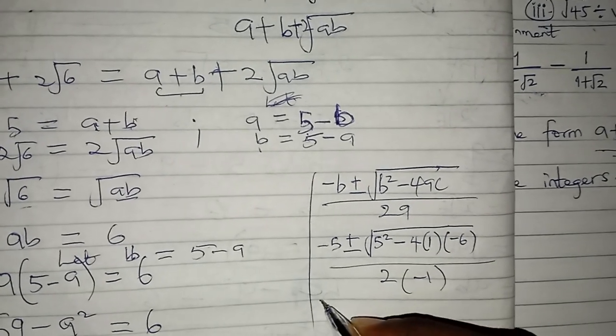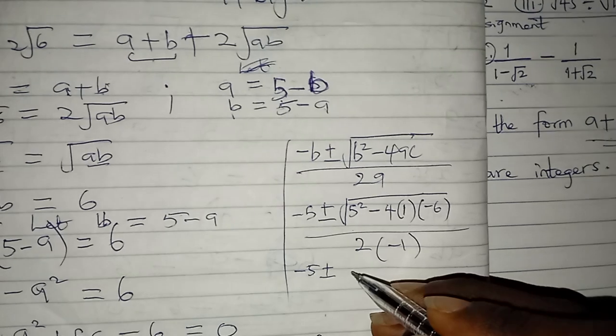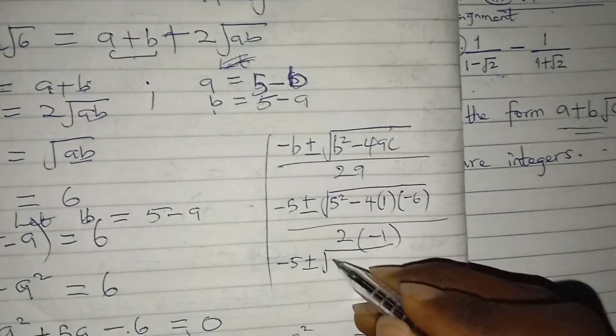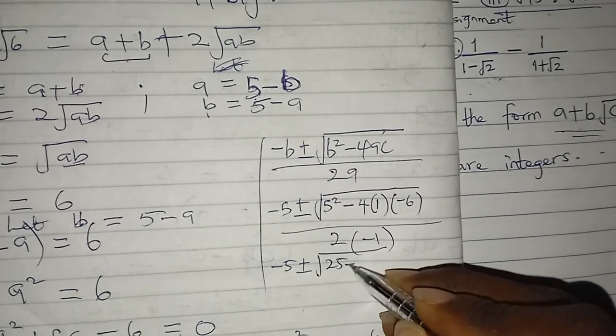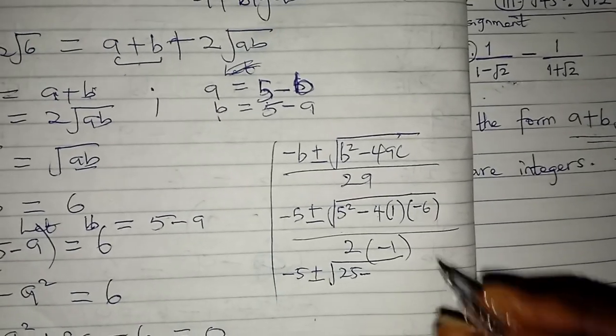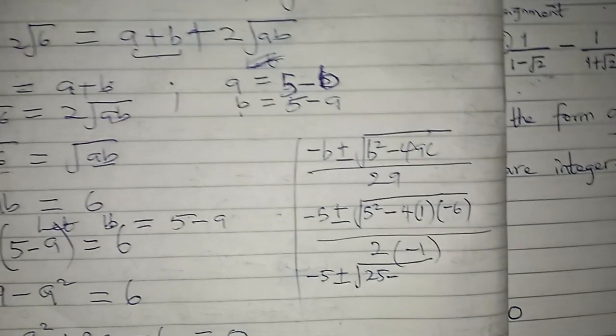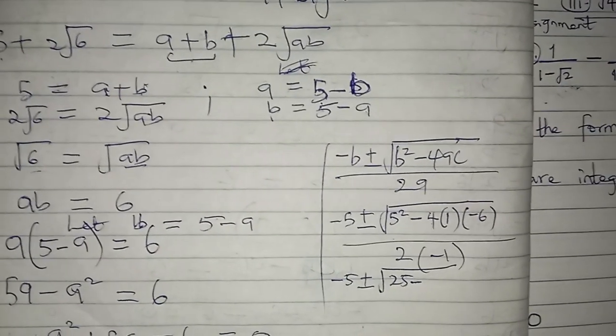So I have minus 5 plus or minus root 25 minus 4 times minus 6. That should be minus 20. That should be plus 24.